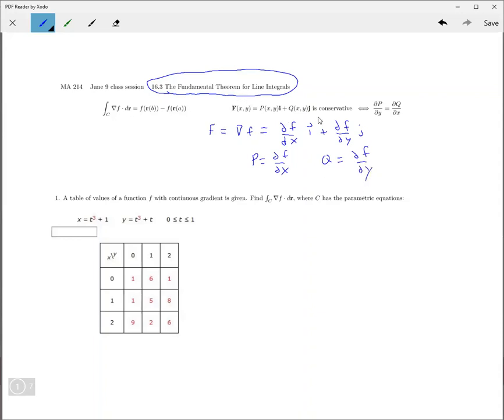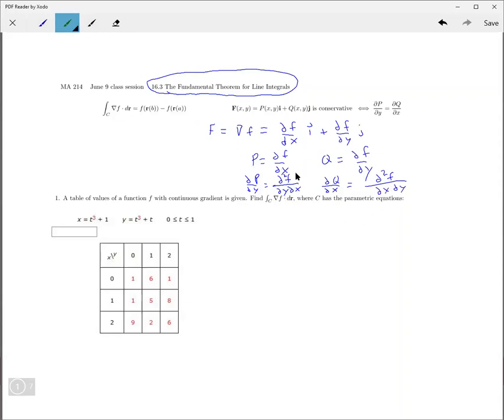So if this field is the gradient of some function f, then the p part is this, the q part is that. So if you take the partial of p with respect to y, you're going to get the second partial of f with respect to x and then y. And then here, if you take the partial of q with respect to x, you're going to get the second partial of f with respect to y and then with respect to x.